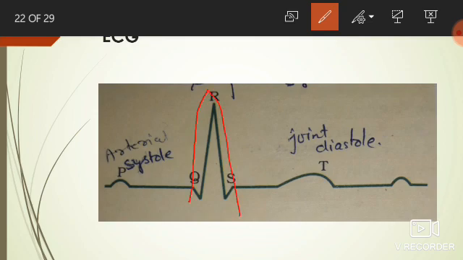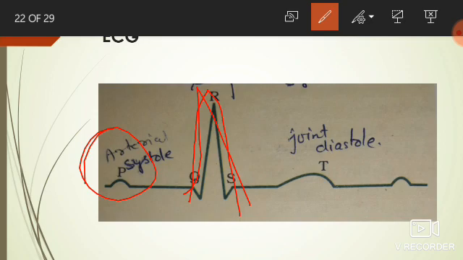Now QRS complex. This wave represents the depolarization of the ventricles. I repeat, depolarization of the ventricles. P wave represents the depolarization of atria. QRS complex represents depolarization of the ventricles.